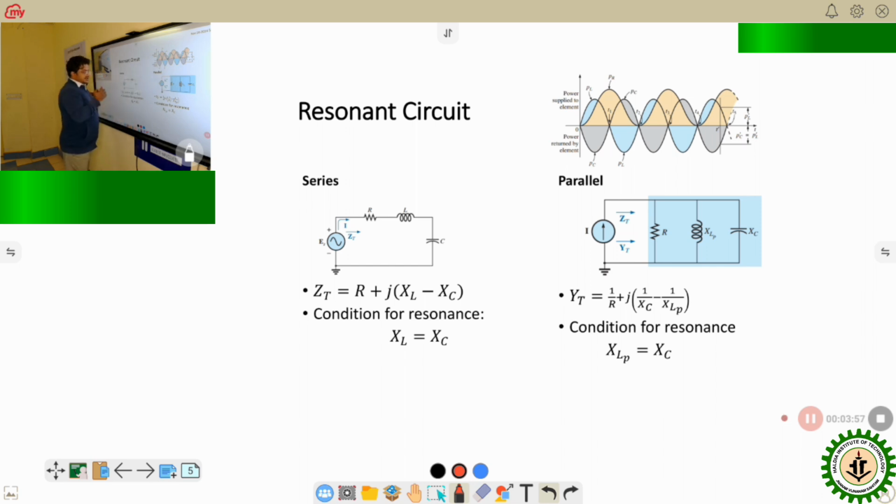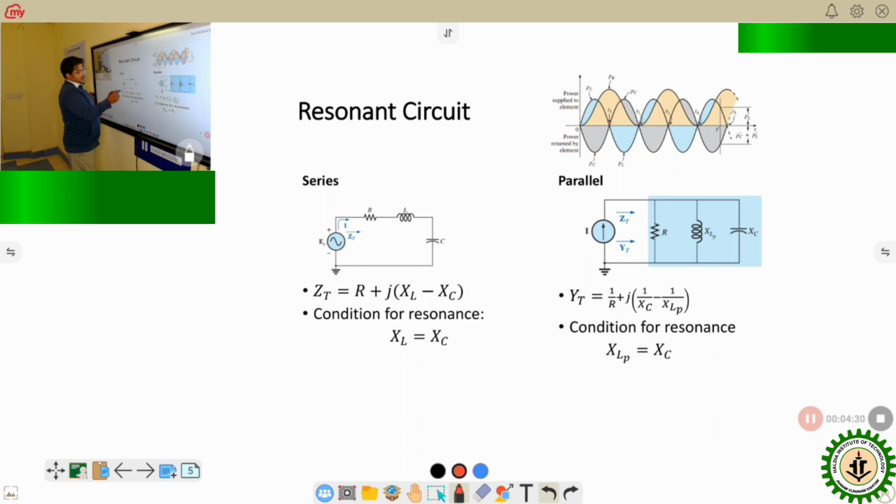So whatever the circuit, whether series or parallel, in one cycle the power stored in the inductor is delivered to the capacitor, and in the next cycle the power comes back and is stored in the inductor. And there is some resistance which dissipates some amount of power, which is an average power drawn over here.